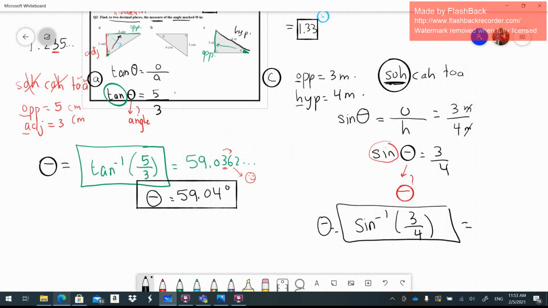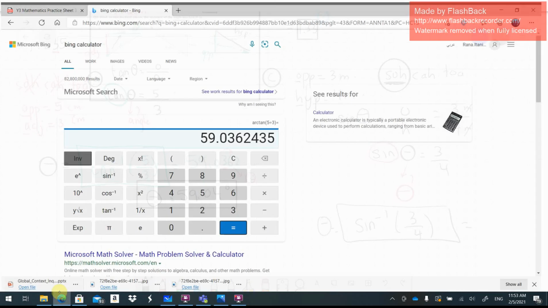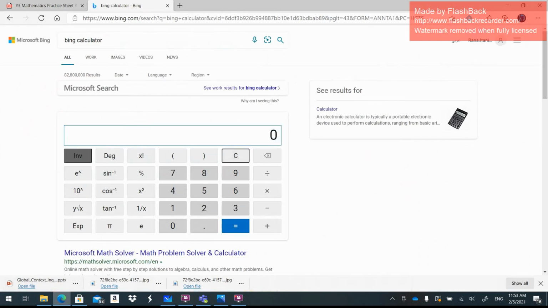So let me now do it on the calculator. First, make sure you're in degree mode, then you put inverse sine 3 divided by 4. This is a famous fraction, so you could have written 0.75 if you want.